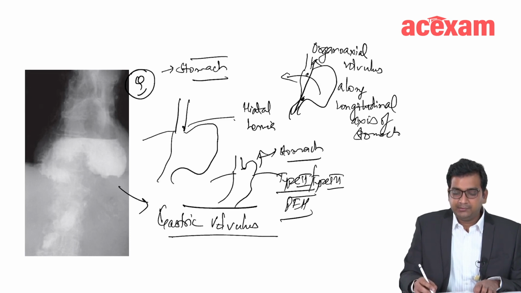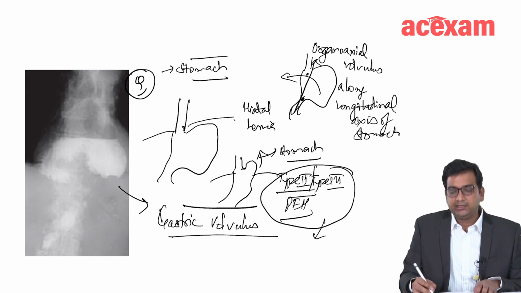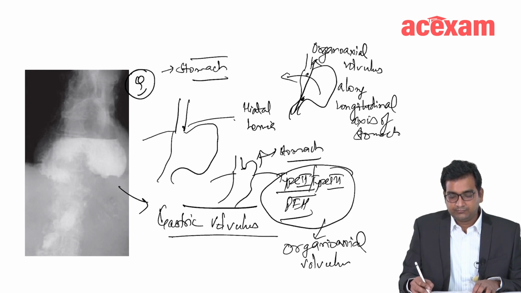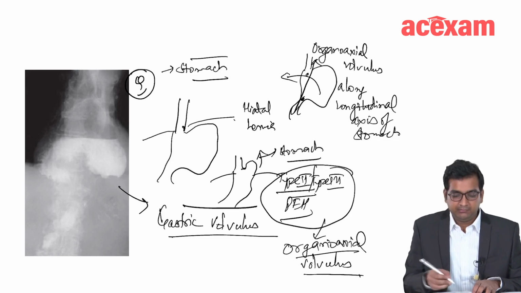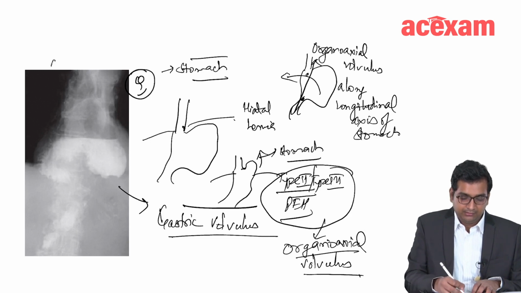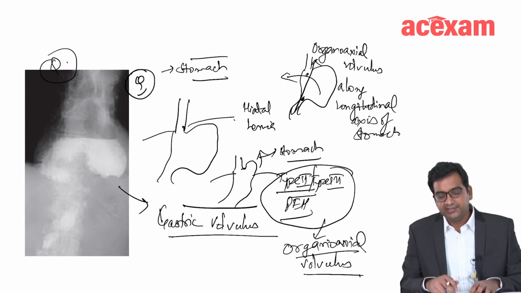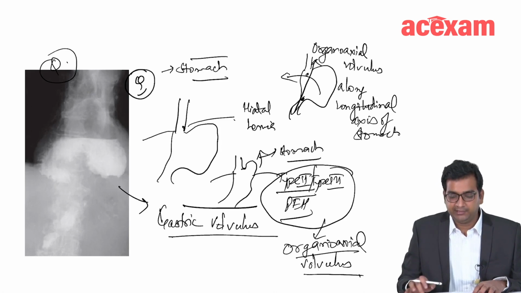So these type 2 or 3 paraesophageal hernias are associated with organoaxial volvulus. Okay. This we'll discuss in stomach, but this picture is important. And this is gastric volvulus, organoaxial type of volvulus.